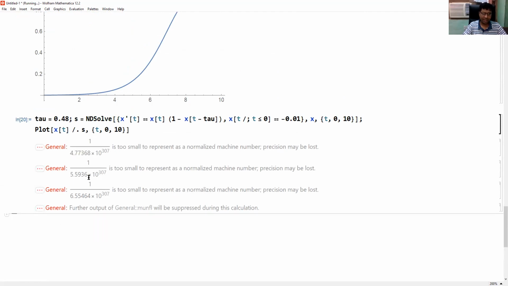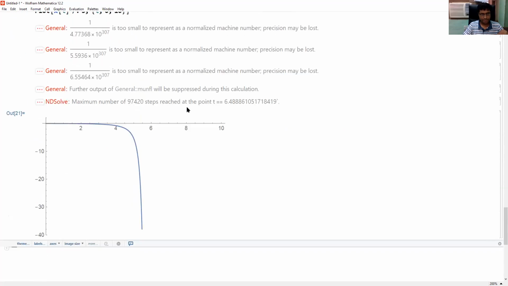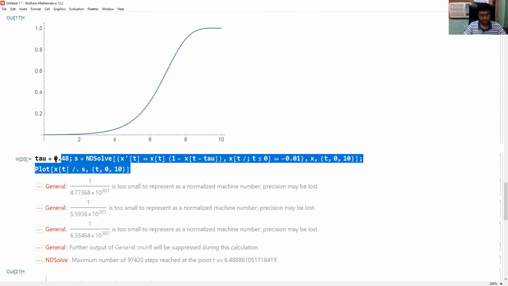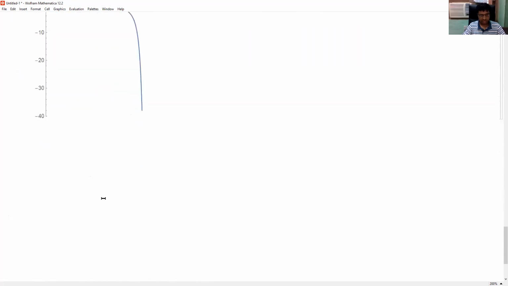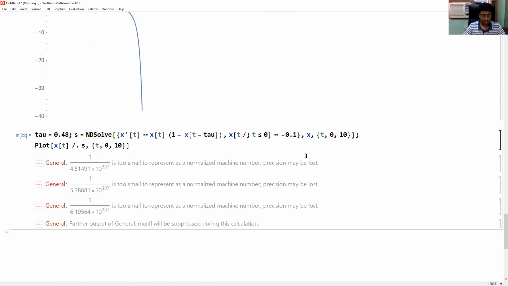These error messages are coming because things are becoming very small and then going away. We will solve up to 6 only. Let me take some more initial conditions, like minus 0.1, and I'm solving up to 6.